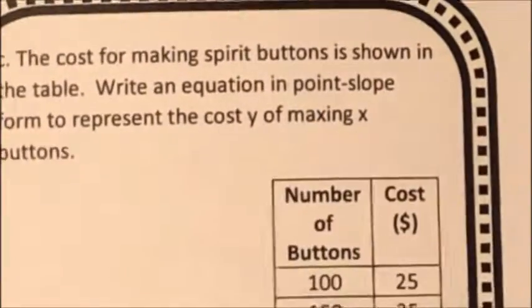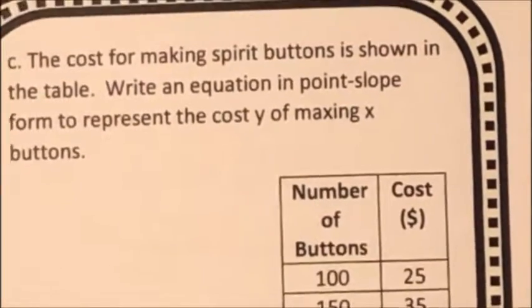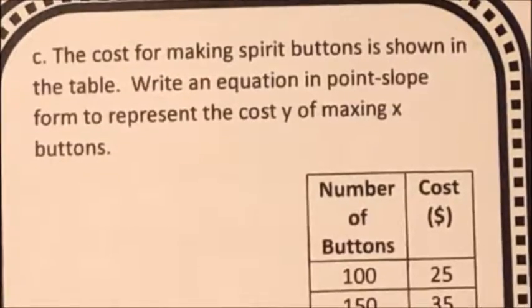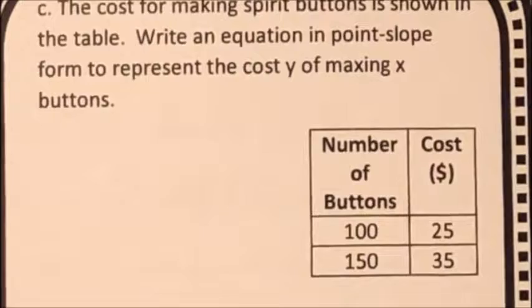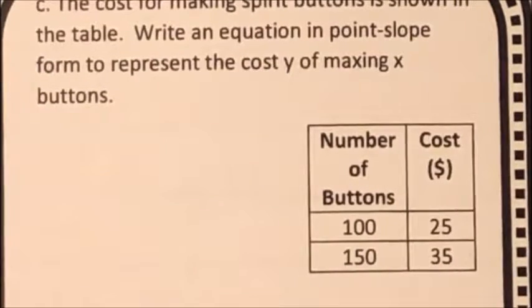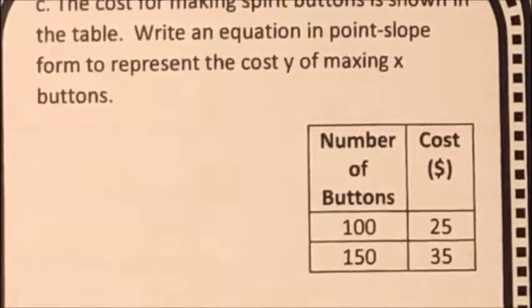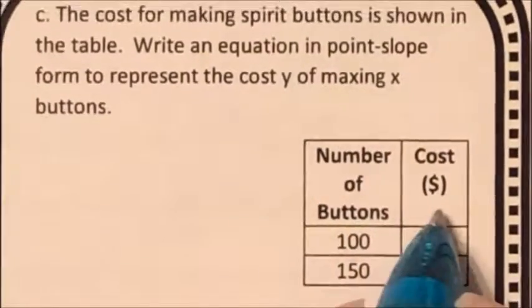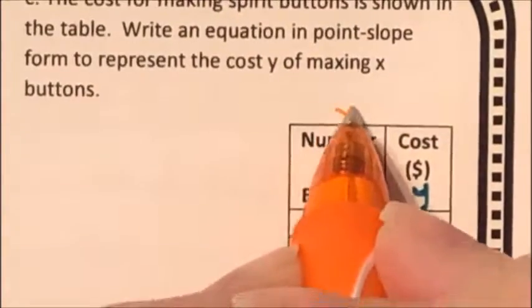Letter C says the cost for making spirit buttons is shown in the table. Write an equation in point slope form to represent the cost y of making x buttons. Okay. So I can make 100 buttons for $25 and 150 buttons for $35. So these are my two coordinates that I'm given. So y is my cost. So this is my y. Number of buttons is my x.